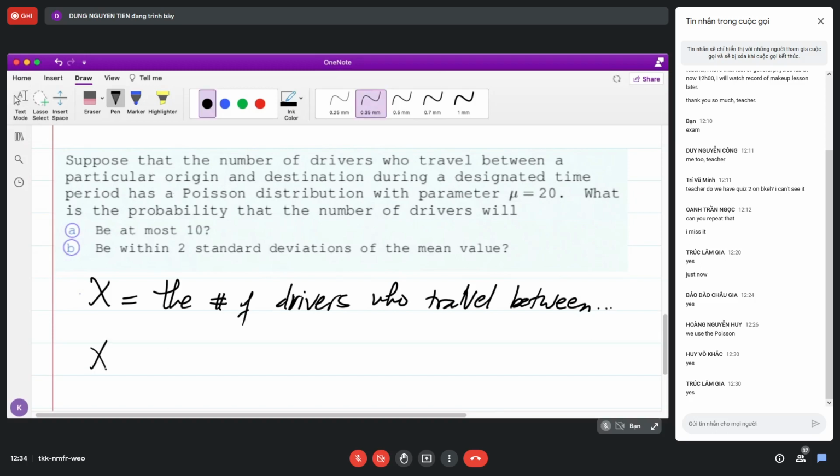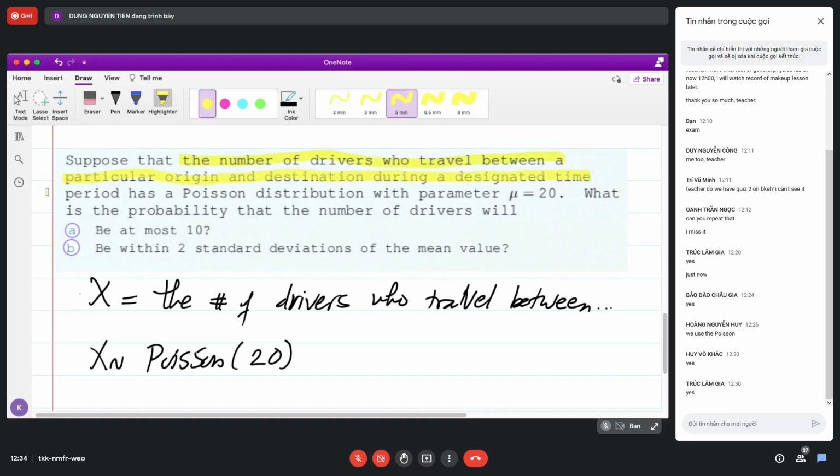Then you can conclude that x follows a Poisson distribution with the parameter 20. Okay, so this is x. It is the number of drivers who travel between the origin and destination during a designated time period.